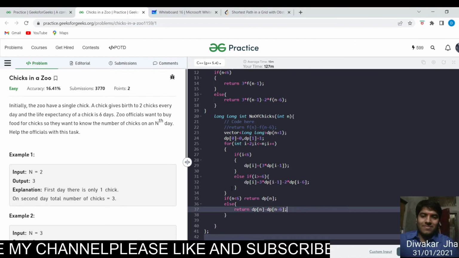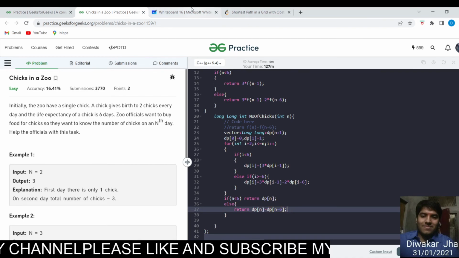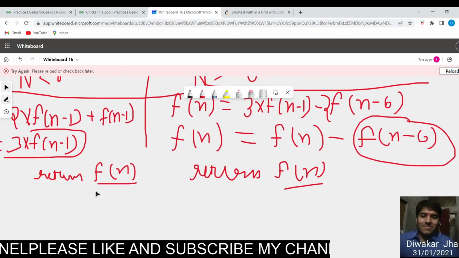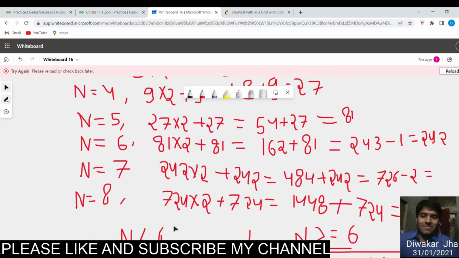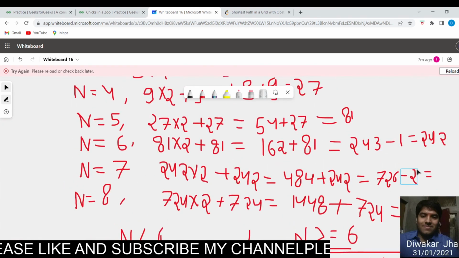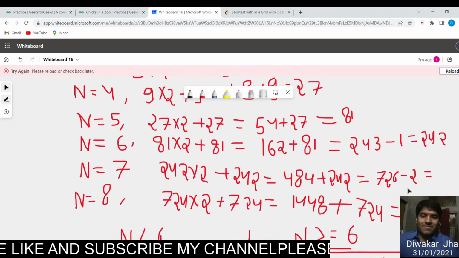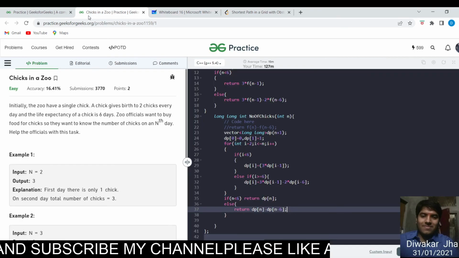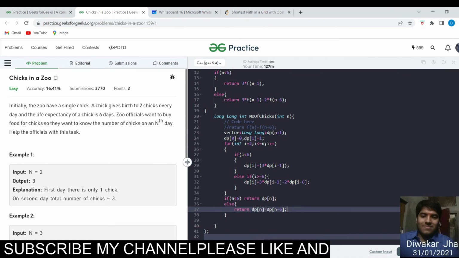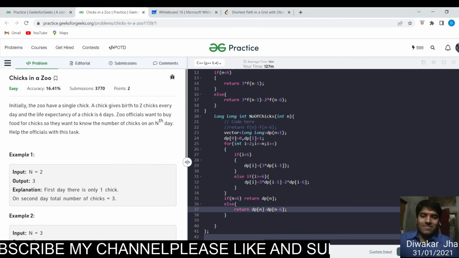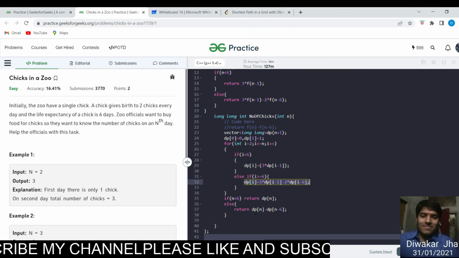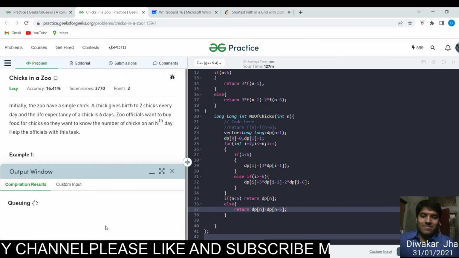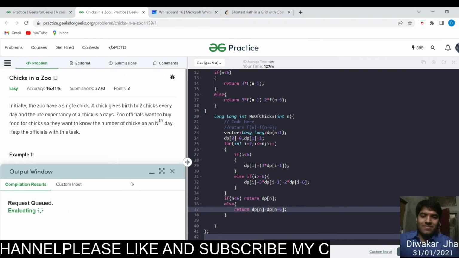Because of the remaining part: when we are calculating for the 7th day, we have to subtract the previous value, by the help of this and this. Okay, so this is working fine. You can check it. This is also working.